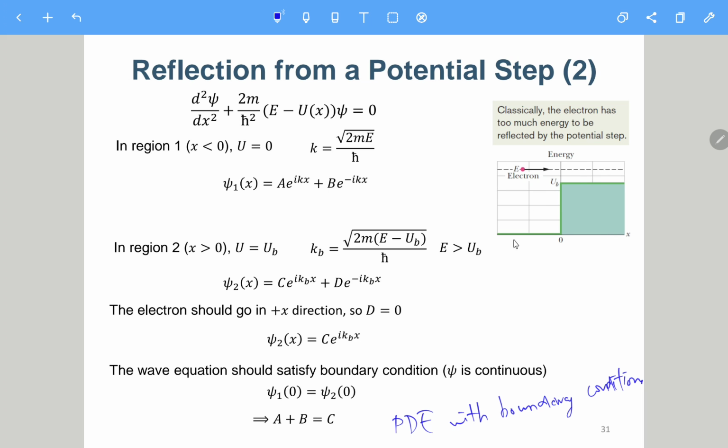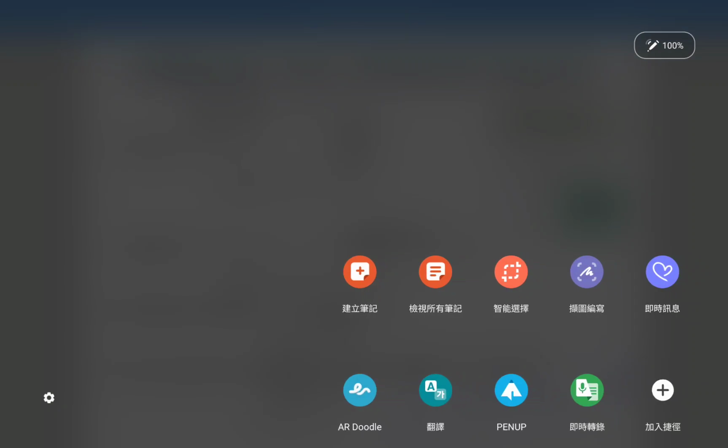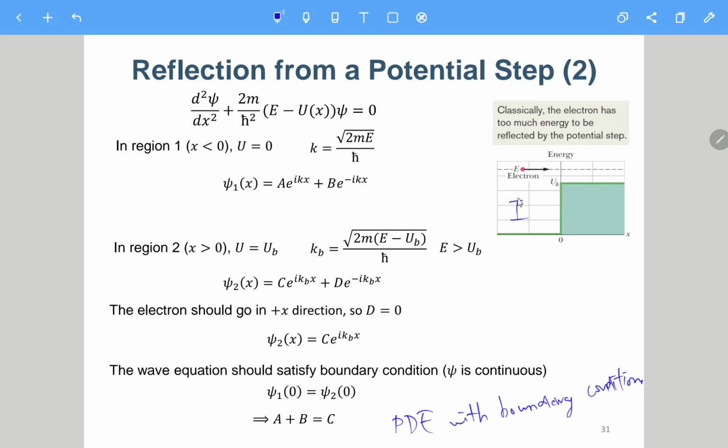On the left side, maybe we can call it region 1. This is region 1. On this side, the potential energy is 0. So U of x is 0 when x is smaller than 0. This is x equals 0, and this is the x-axis.